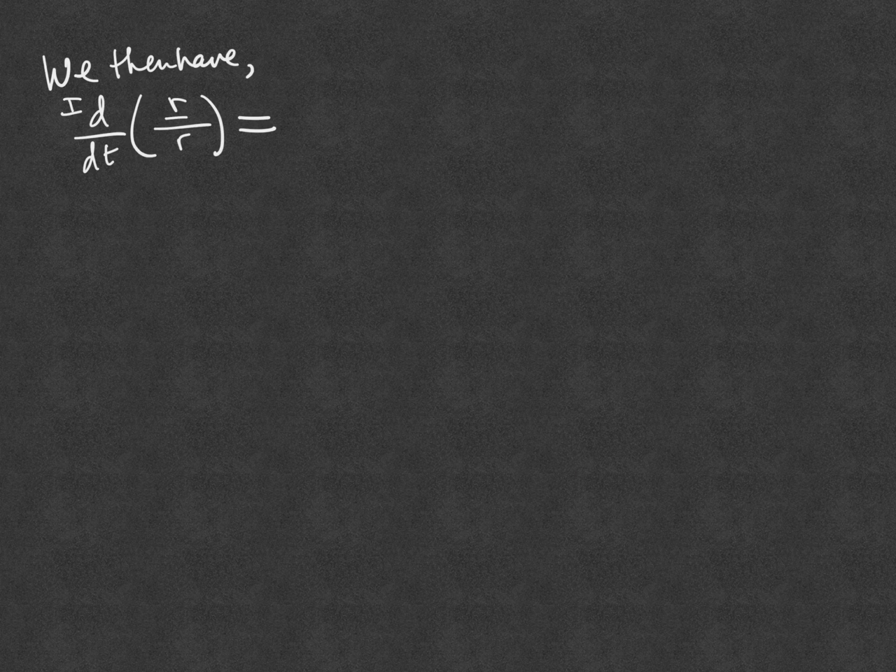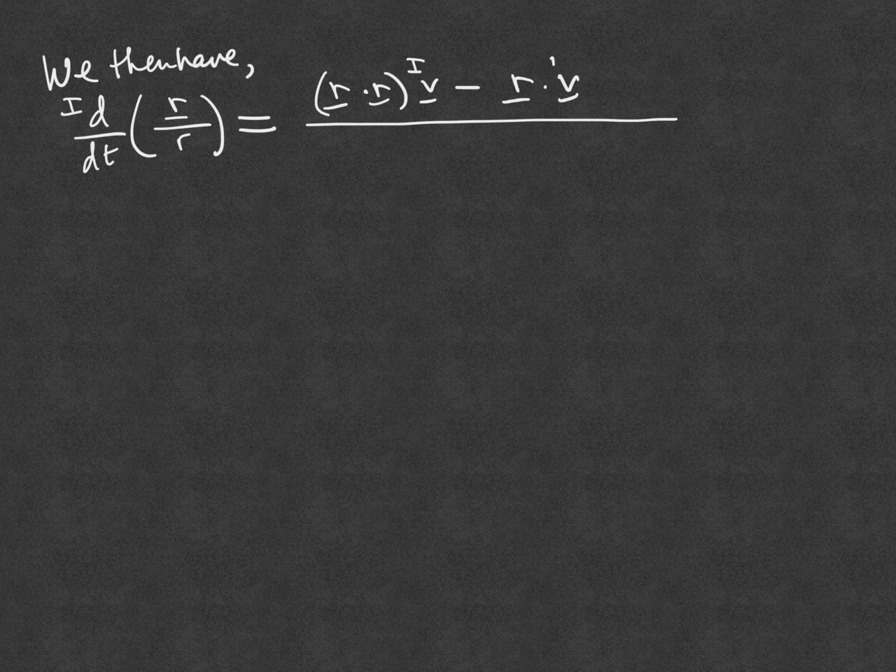So we then have d/dt in I of r dotted with r is equal to r dotted with r times VI minus r dotted with VI times r, all divided by r dotted with r to the 3/2.